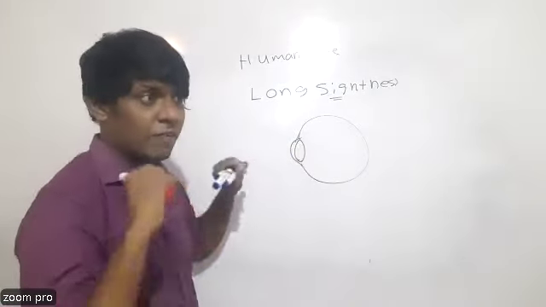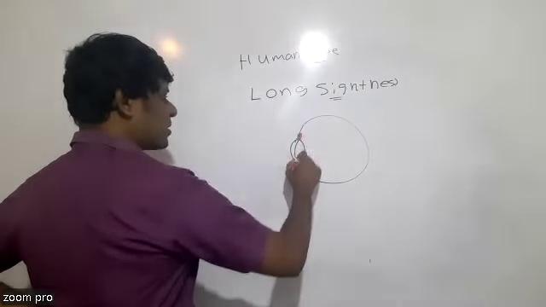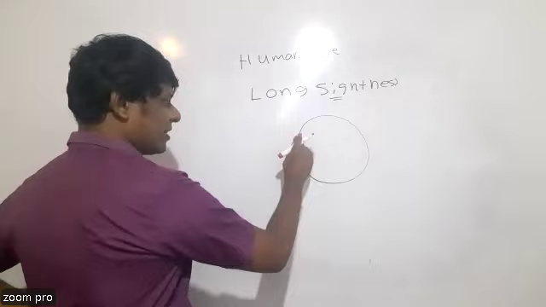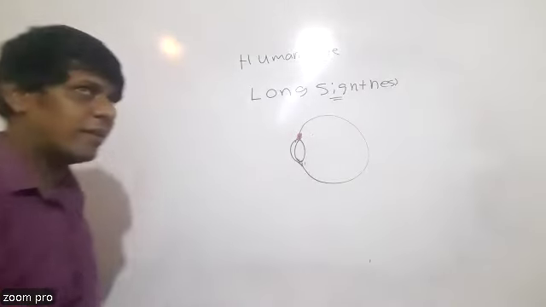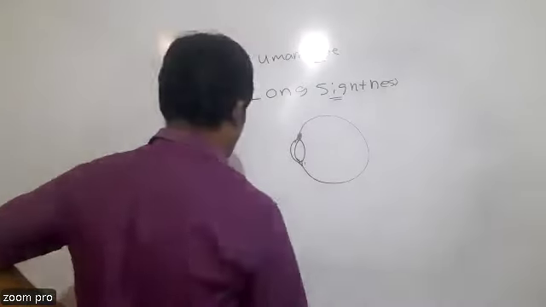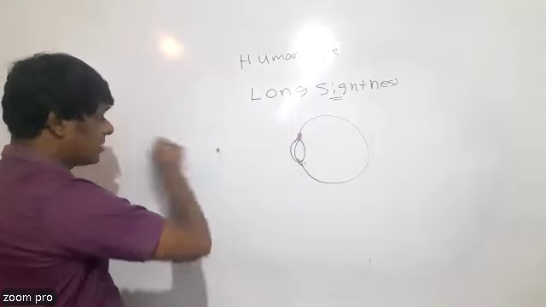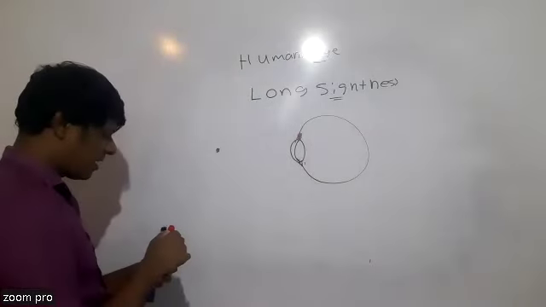That lens is a flexible lens, so it can adjust by getting thinner or thicker and change the focal length. Those with long sightedness can see things coming from far away.